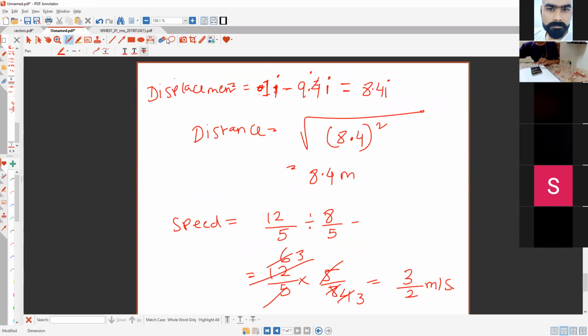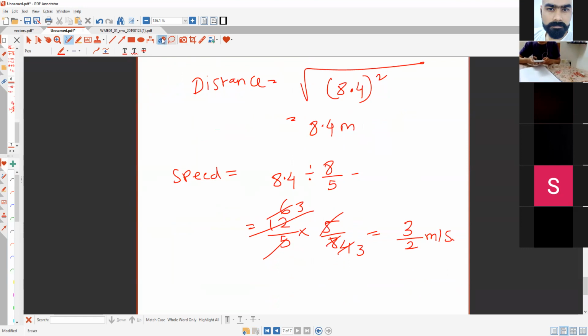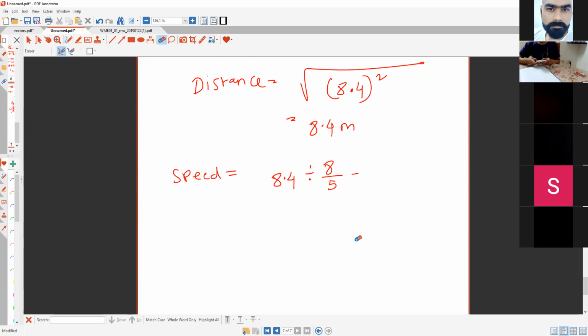So now we have to do 8.4 divided by 8 by 5. So 21 by 4, 5.25 meter per second. So speed is, everyone understood, 5.25 meter per second.